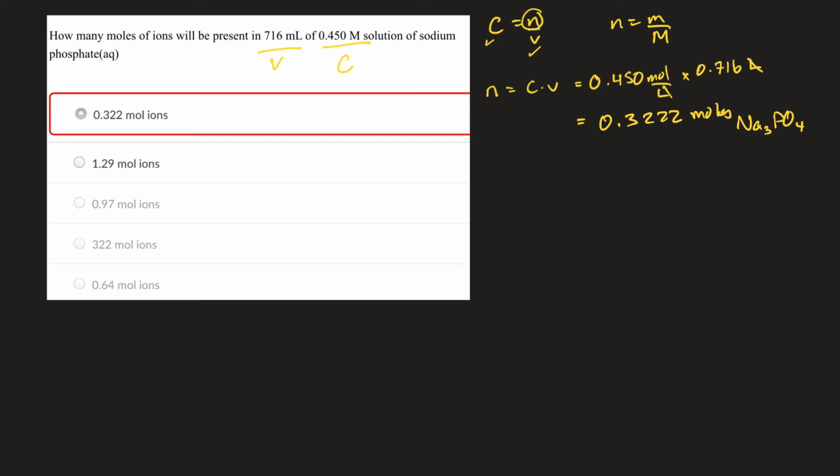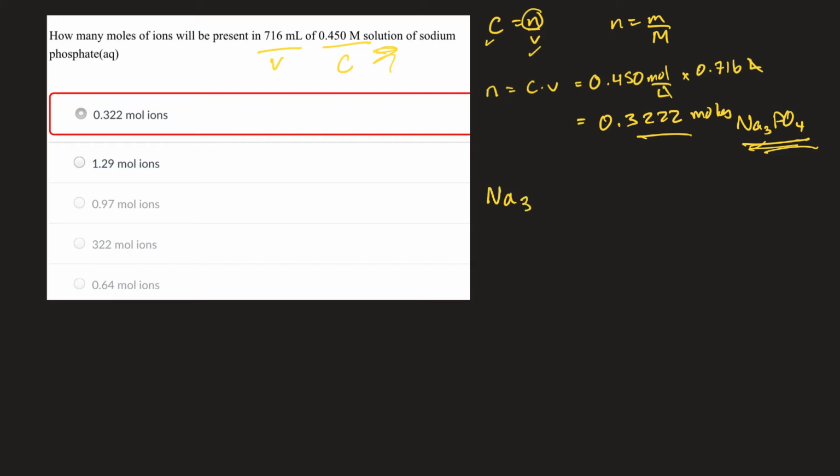Okay, now it's important to write that formula down, because if they said how many moles of sodium phosphate, this is your answer. But if they have a solution of this stuff, sodium phosphate dissociates according to this.